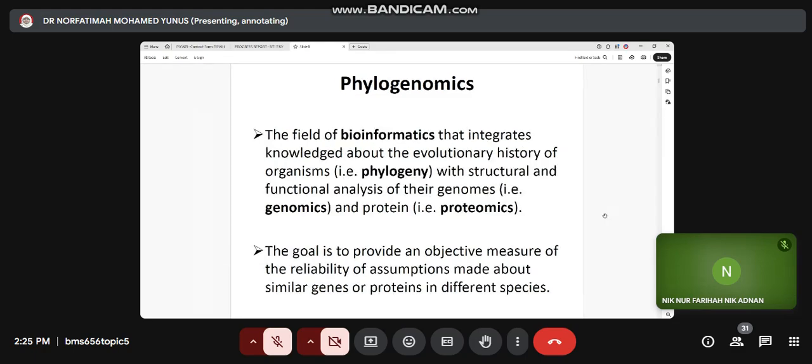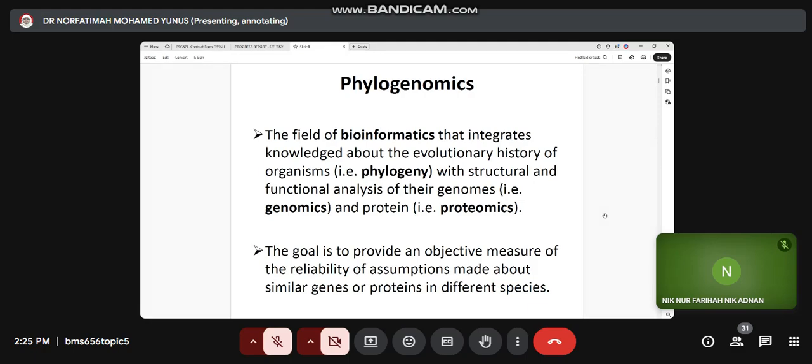And phylogenomics. What is the difference between phylogenetics and phylogenomics? Phylogenetics depends on small regions or variations in genes. But phylogenomics uses the characterizations in genomics to do the classifications.